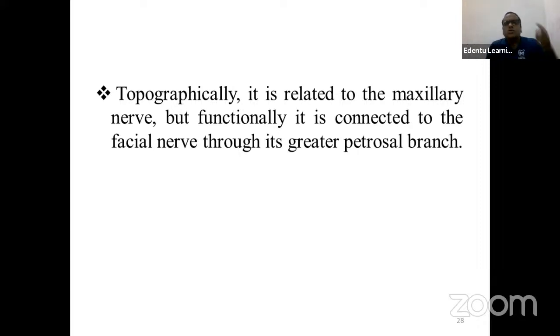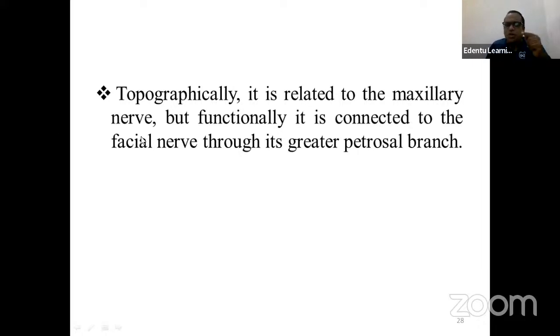That is my origin: I am from Telangana, but working in Kerala. Similarly here, topography means location. Based on topography, I am in Kerala, but actually I am from Hyderabad. So topographically, it is related to the maxillary nerve.